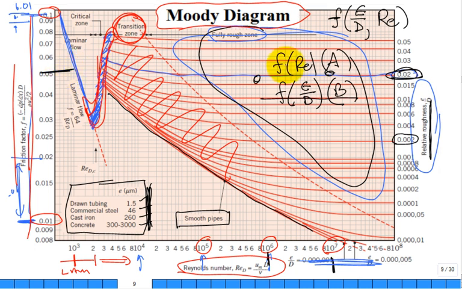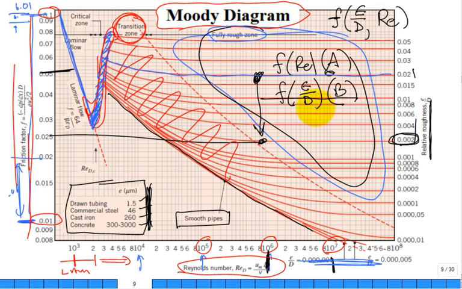But if you're at 10 to the 6 right here, with this relative roughness, and we switch to a smoother pipe, now the relative roughness is down here. You just changed the relative roughness for the same Reynolds number. Did the friction factor change? Yes, it did.